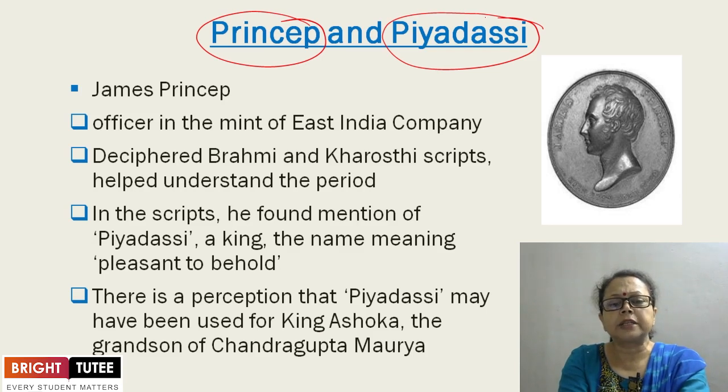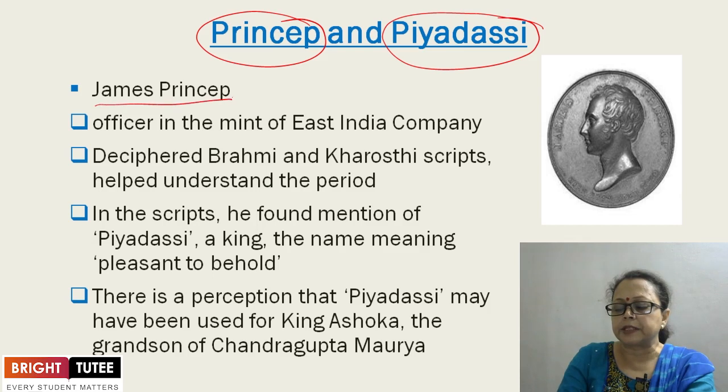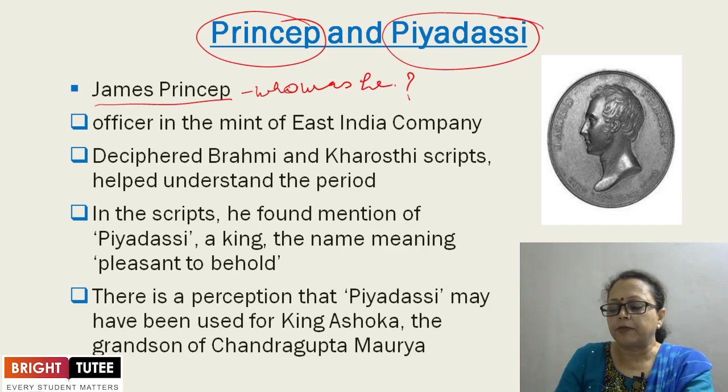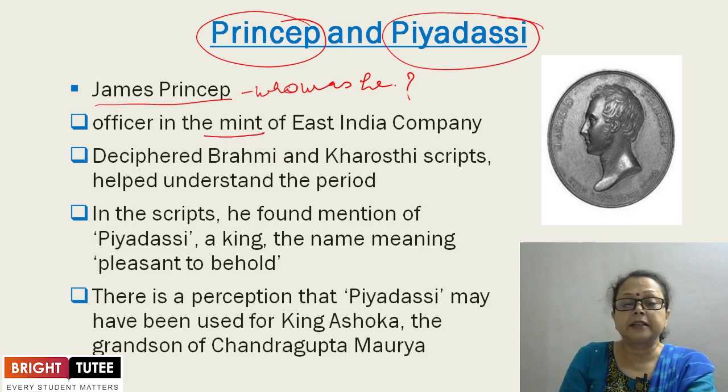Now here coming to discuss James Princep. Who was James Princep? He was an officer in the Mint of the East India Company. Mint is where the currency notes are made.